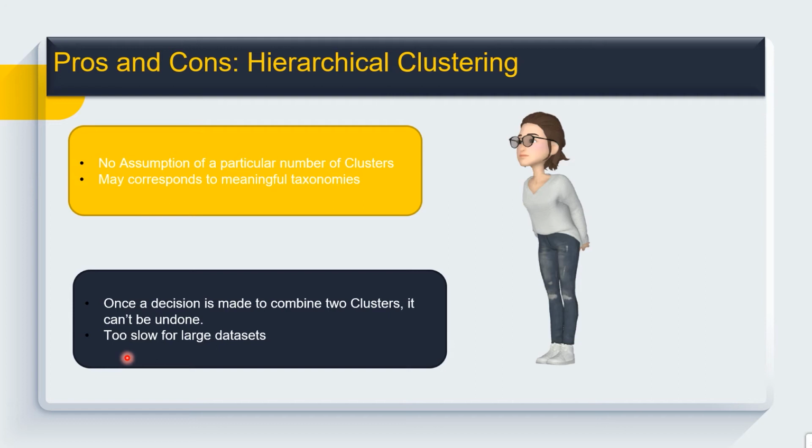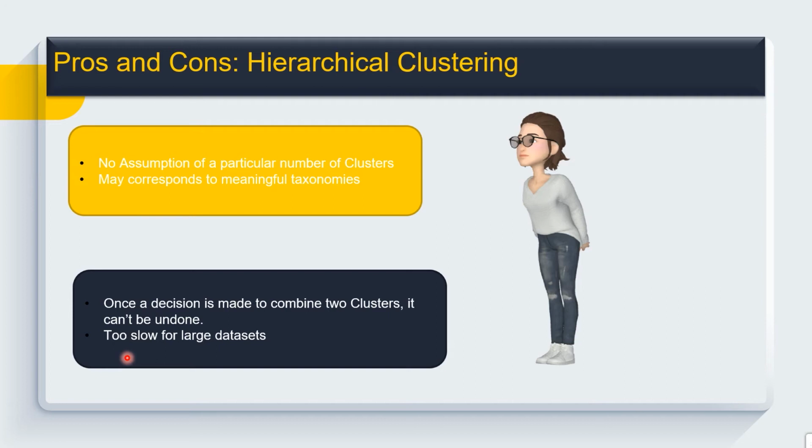And one of the major disadvantages of hierarchical clustering is that it becomes very slow for very large data sets. Nowadays, I think every industry is collecting large amounts of data, so hierarchical clustering is not the best method someone might need to go for.